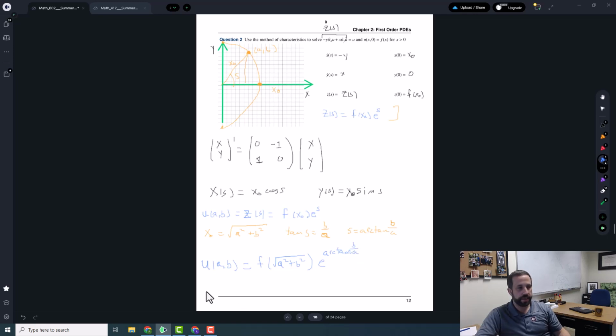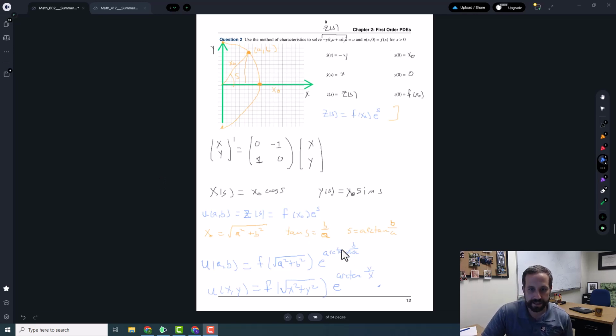And so just switching to x and y, u of x, y is equal to f of the square root of x squared plus y squared times e to the arctan of y over x. And that is the end of this problem. Okay, so that's it. This is the solution to the problem.